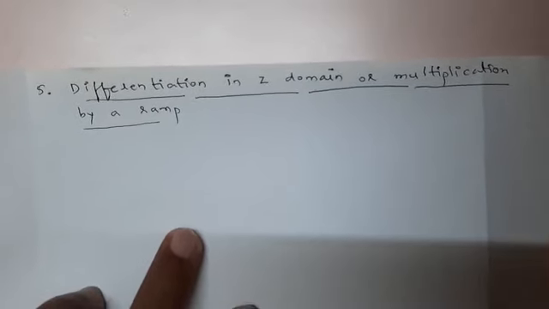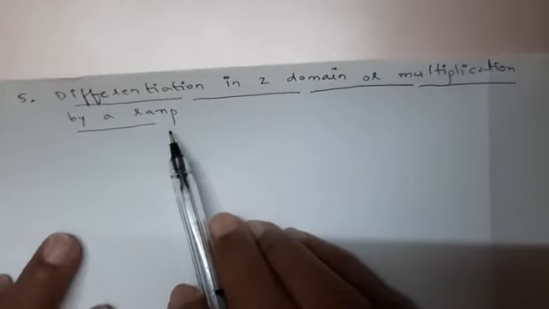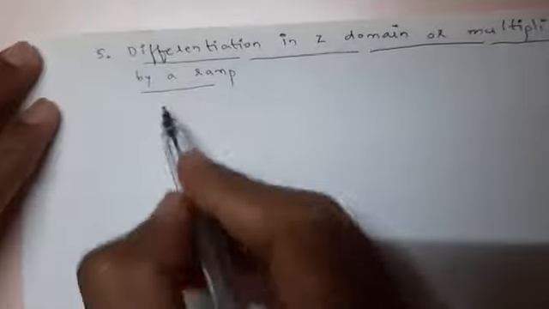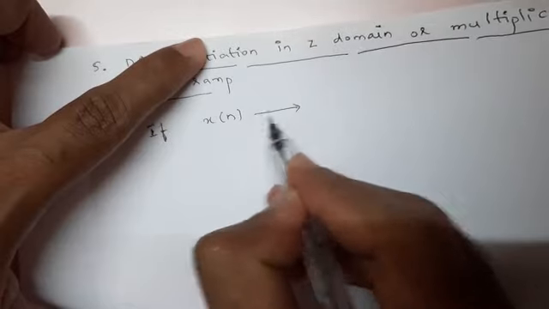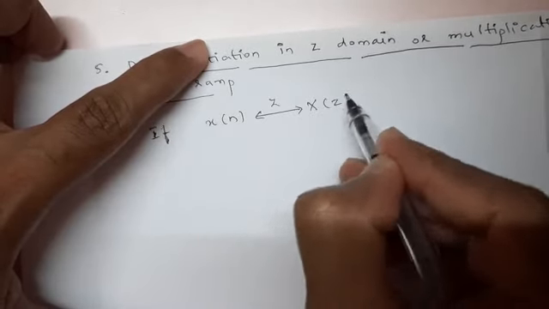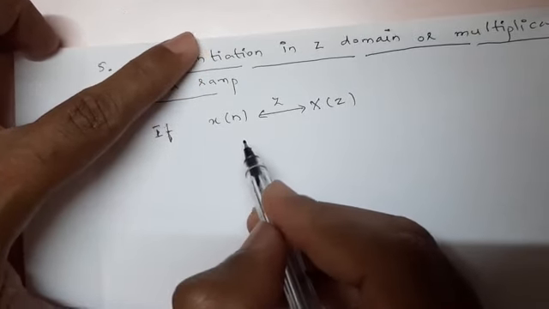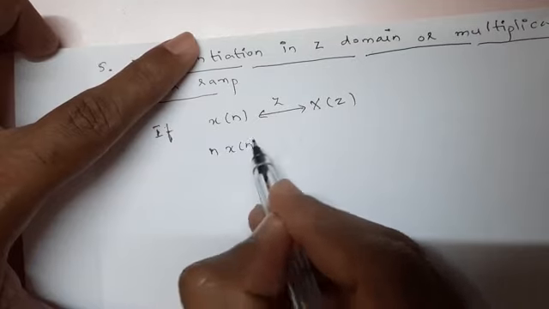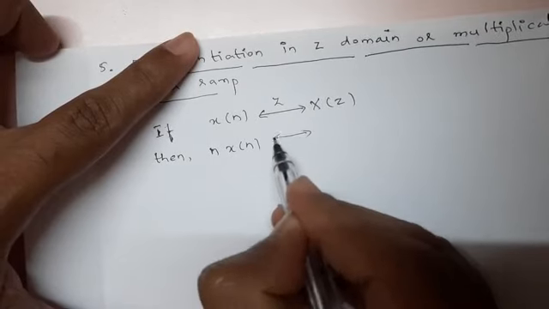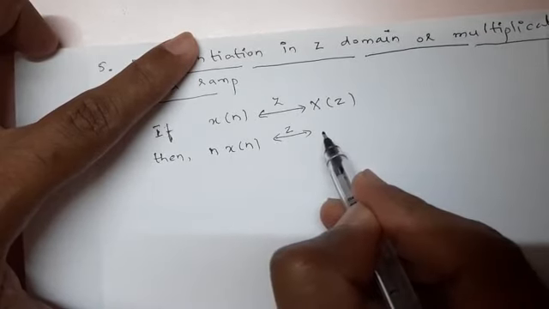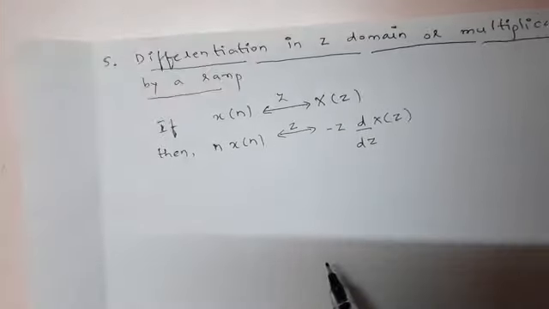So next property we'll go for is differentiation in Z domain, or multiplication by a ramp. What this property states is, if the Z transform of x of n is X of z, then the Z transform of n into x of n is minus z d by dz X of z.